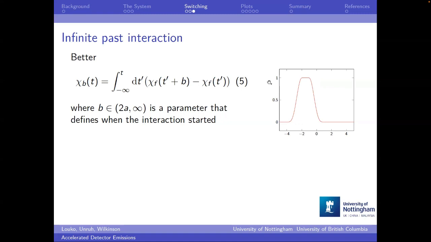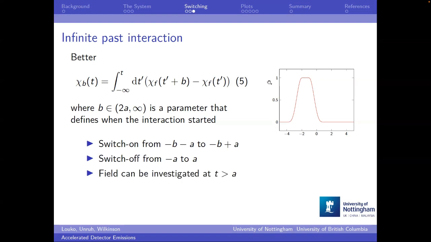We switch on in that time, we switch off at a duration 2a centered on 0. So we have this gradual switch on, gradual switch off, and this controllable interaction duration. We still have no causality breaking. We don't know about the future, which is very handy.